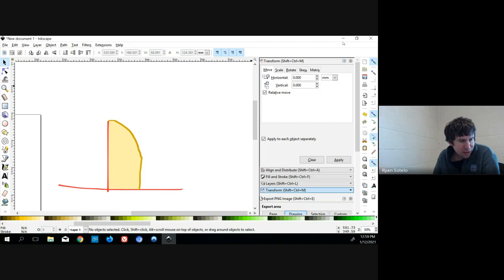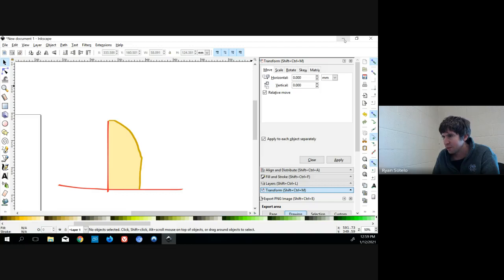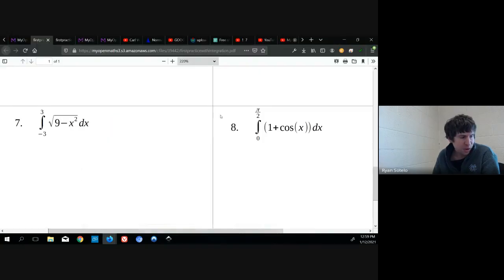Now we're going to go through and talk about how you can actually do these symbolically, even though the interpretation is the geometric interpretation of the area between the curve and the horizontal axis. We'll go through these now, and then we'll come back to this one and do it.